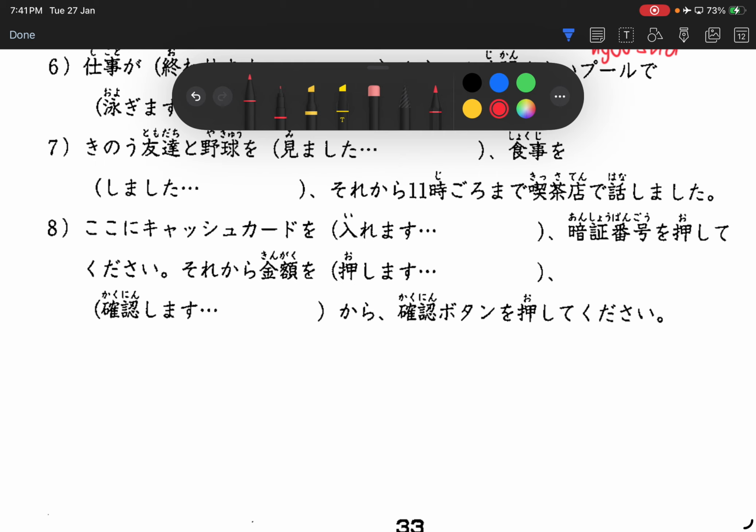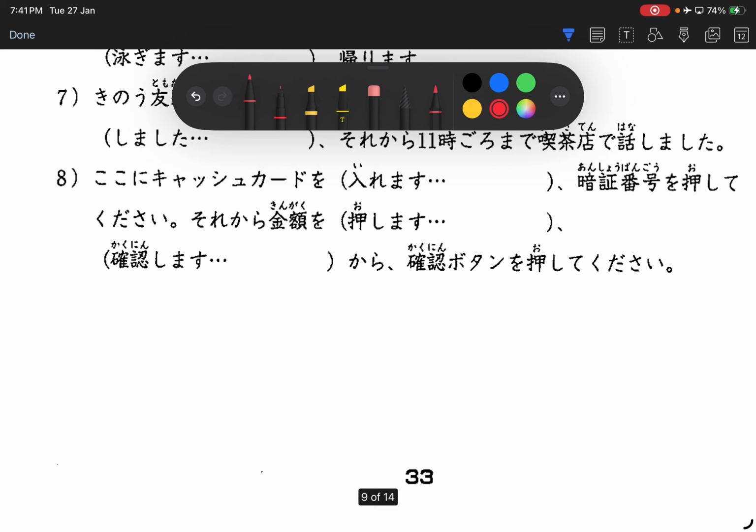Alright. 入れて, 押して. Right. 入れます is group 2. So 入れて. Right. It's not button or what lah. It's ボタン. Japanese way of pronouncing it. ボタン. Okay, very nice. Can read katakana also. Good.